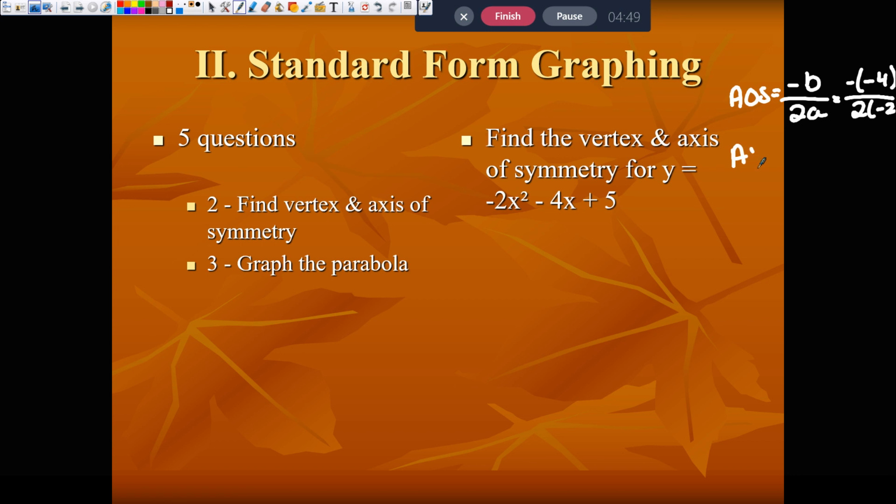So my axis of symmetry would be x equals what? Negative 1, because this would become 4, and this becomes negative 4. So then I'm going to substitute my value from x into my original equation and solve for y. So y equals -2 times -1 squared minus 4 times -1 plus 5.